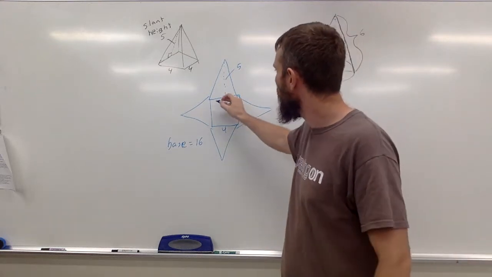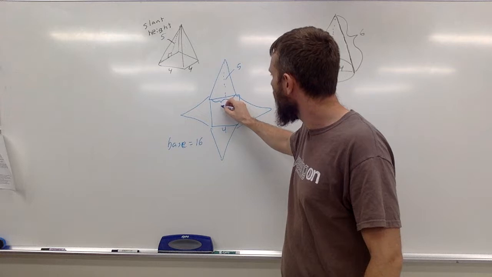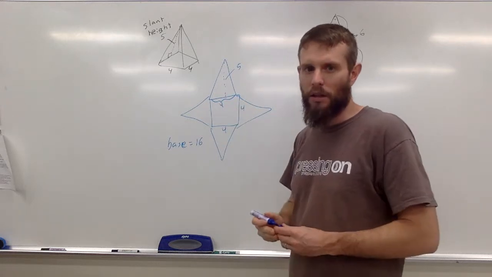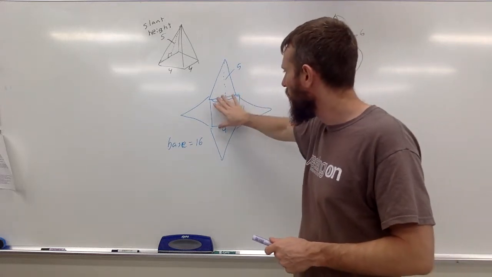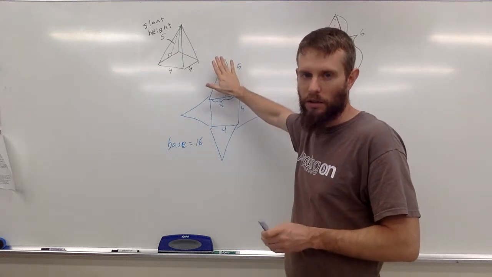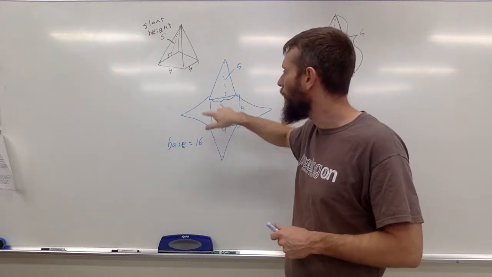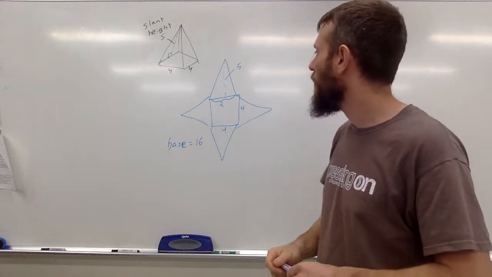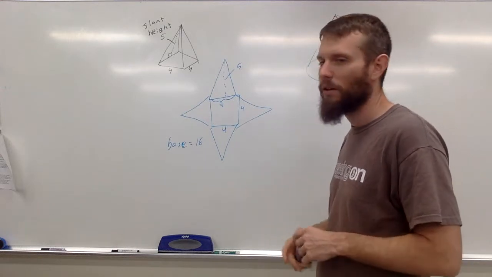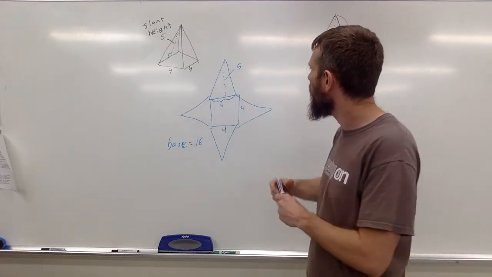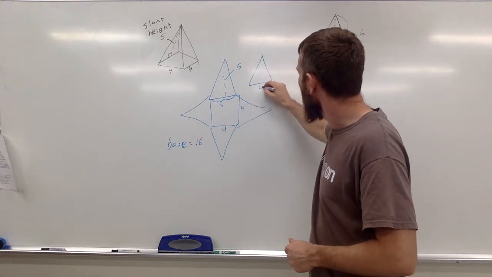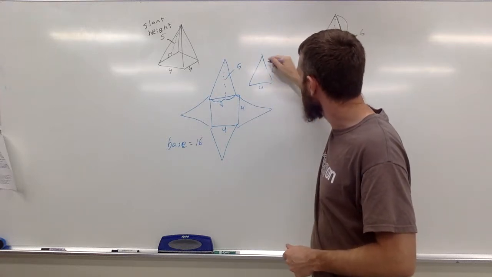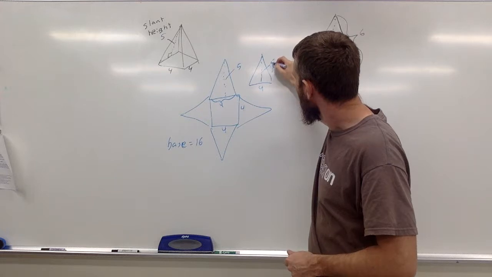So if this is the base of this triangle, you gotta be careful because the base of this solid is this whole square. The base of this shape, the triangle, is 4. So sometimes the terms overlap, so just be careful. So the base of this one triangle here is 4, and the height was 5.